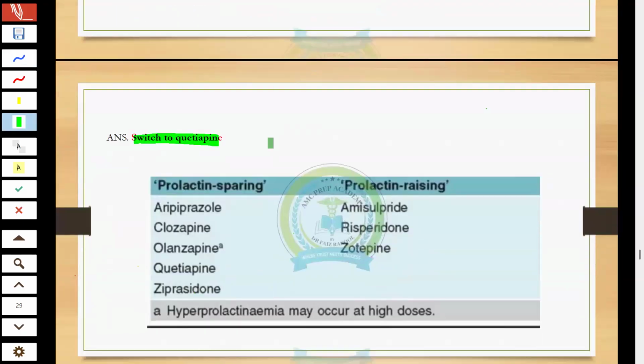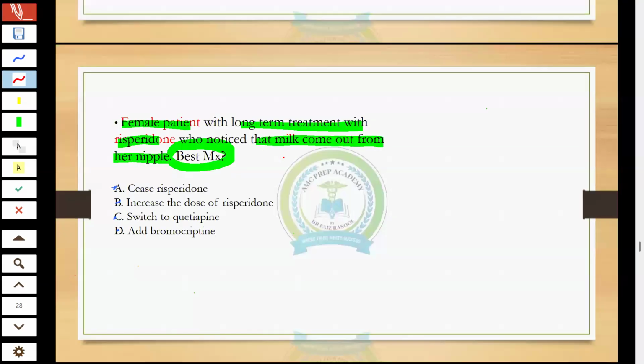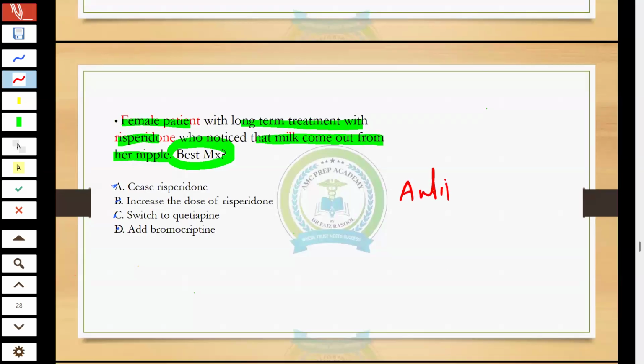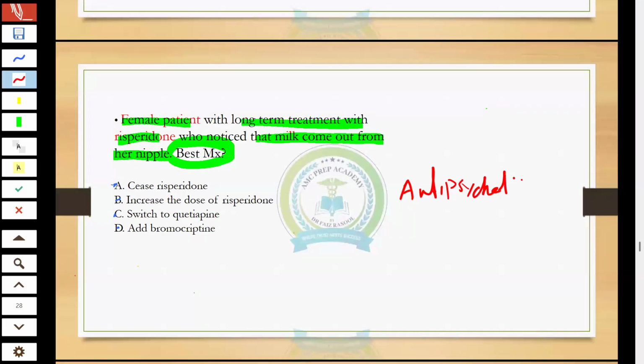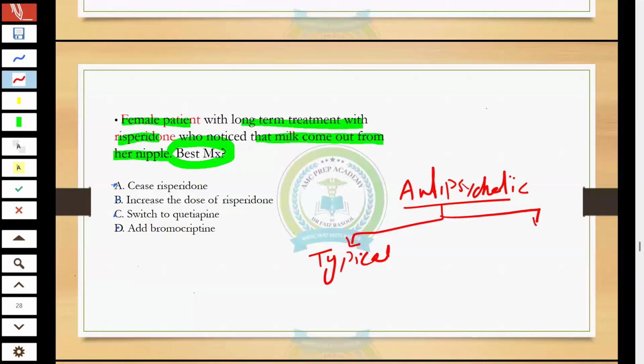So doctors, as we know, we have two types of antipsychotic medication. One is typical antipsychotic, and the second one is atypical antipsychotic.